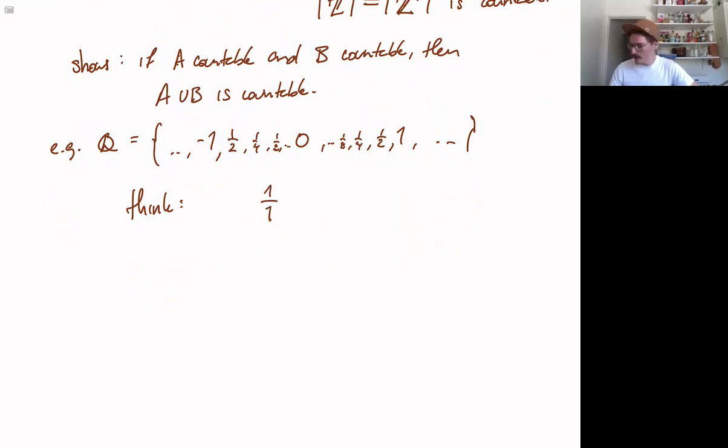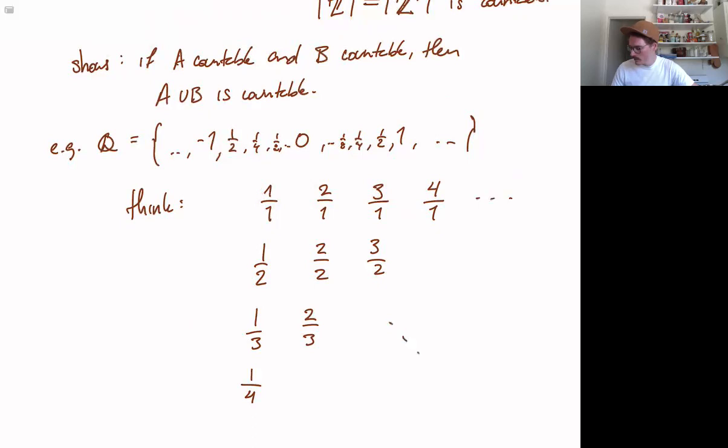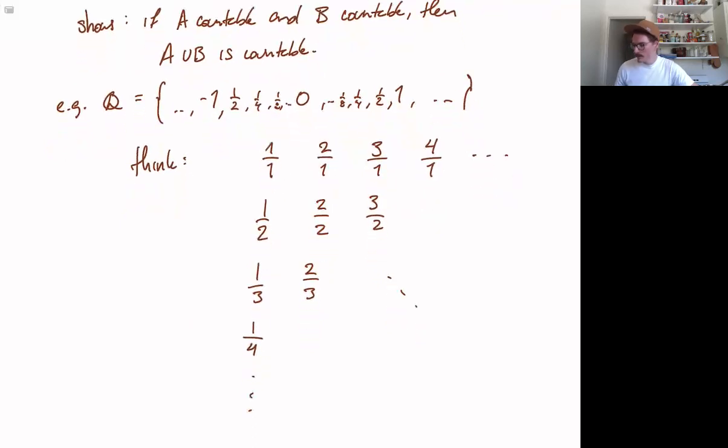And if we write down a two-dimensional grid like this, where in this direction we increase the numerator, and in this direction we increase the denominator, and then we just fill it in, etc. So in this infinite grid, we have written down all the positive rational numbers. And then we can count them like so.